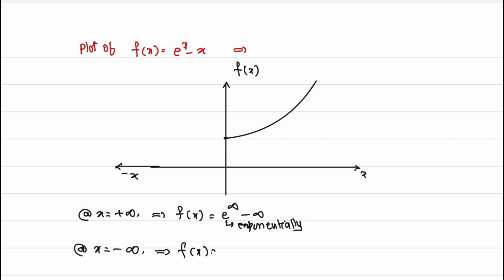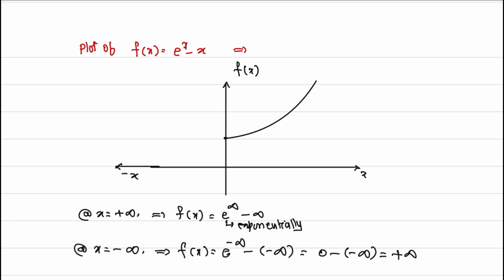Function x is equal to e to the power of minus infinity minus minus infinity. That is e to the power of minus infinity is 0, and 0 minus minus infinity is plus infinity. On both sides, this will be in this region.